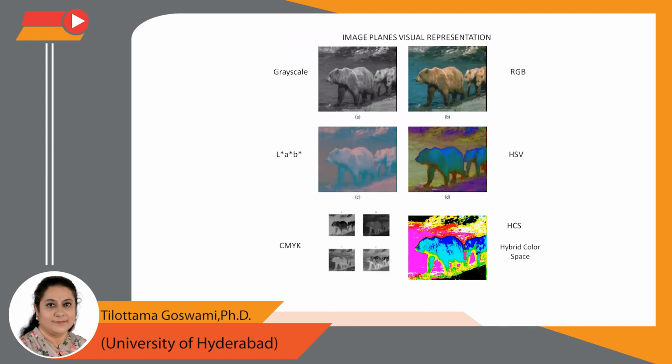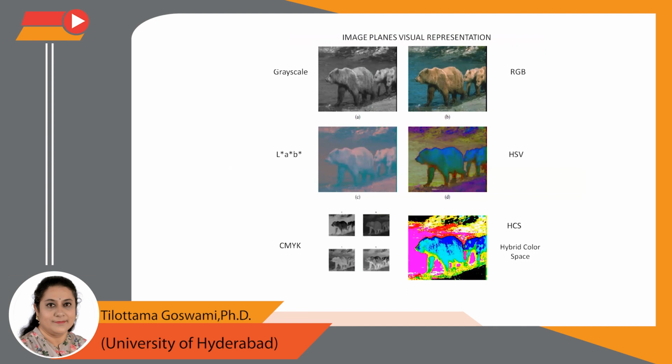The image planes can be visually represented. The grayscale images, the RGB, at most we can visualize a 3-dimensional space with the colors. This is LAB, HSV. The CMYK cannot be visualized as one picture, so each of the channels of CMYK has been represented here.